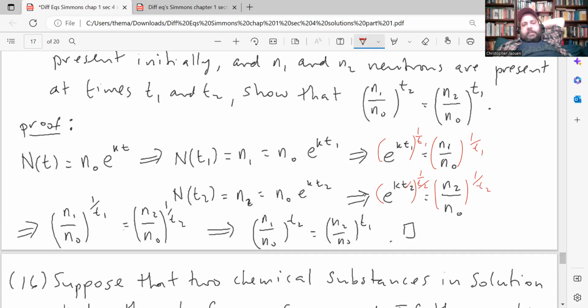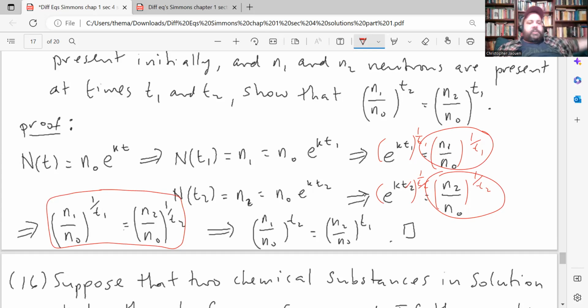And that gives me that e to the k is equal to this part, and e to the k is also equal to this part. So setting those two things equal, you get this expression here. And then just take both sides to the power of t1 times t2, and you get the formula that they wanted us to derive. Right, so that's question number 11.